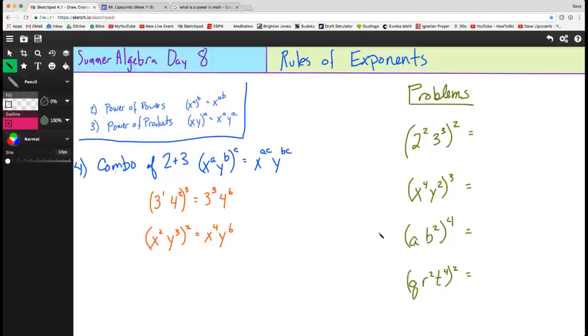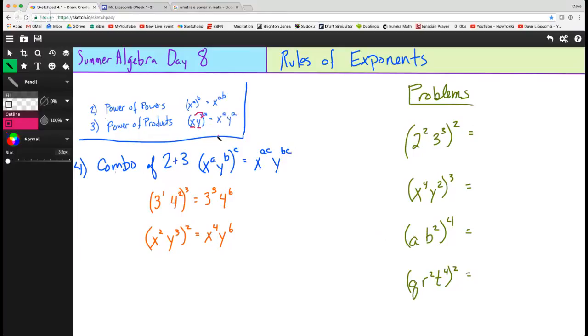Rule number 4 is a combo of rule 2 and 3. And remember, rule 2 says if I have a power inside parentheses raised to another exponent, you just multiply them. And the power of a product says if I have 2 things multiplied together and I raise them to a power, then I can simply raise each expression that's multiplied to that same power.